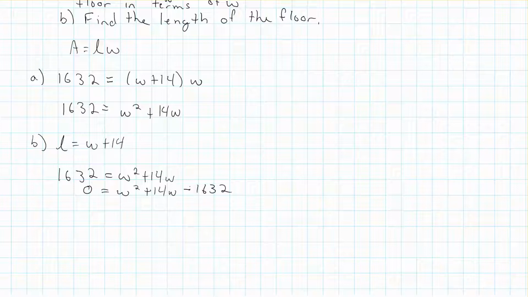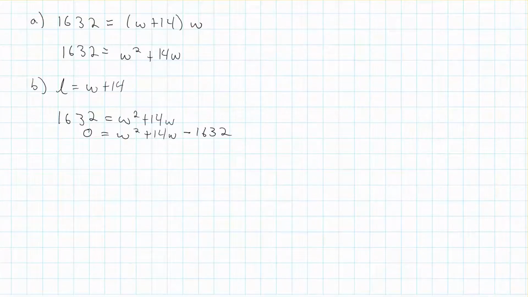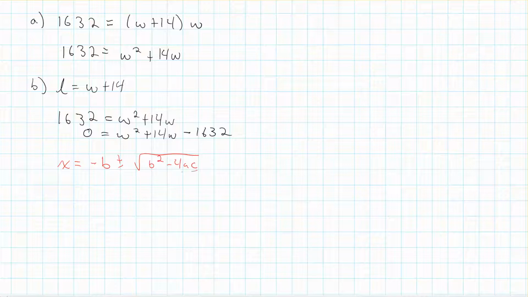Alright, now we could go ahead and solve this however we want. We could try and see if it factors, but when it's something not obviously factoring, I typically go to either completing the square or the quadratic formula. And we'll go ahead and use the quadratic formula here. So just like I've always been doing, I'm writing it out. x is equal to negative b plus or minus the square root of b squared minus 4ac, all over 2a.